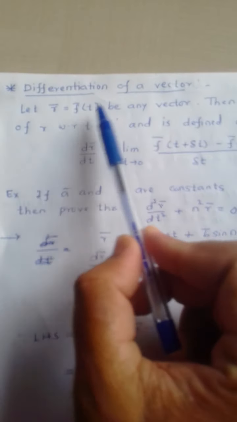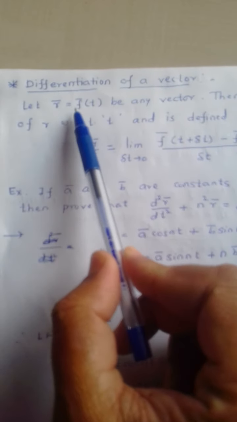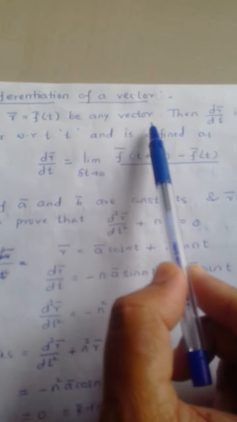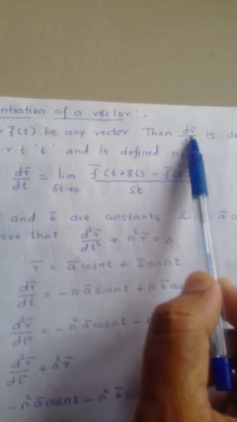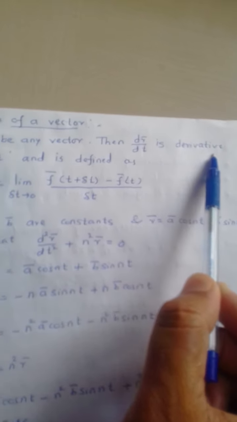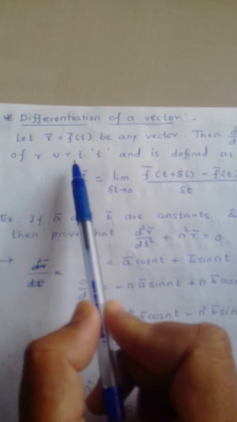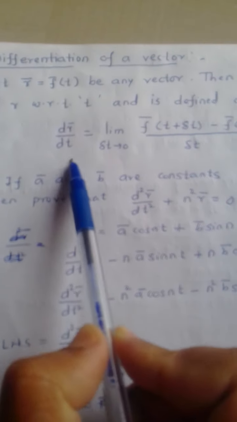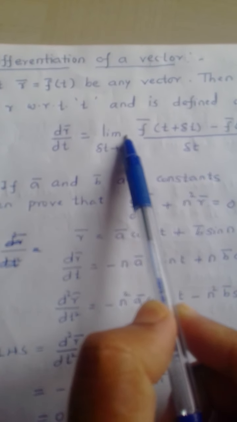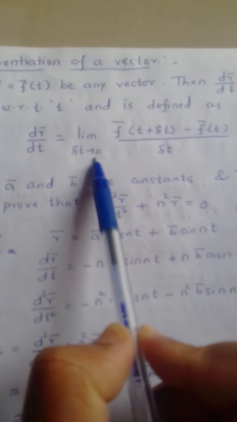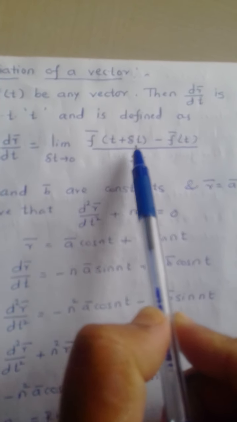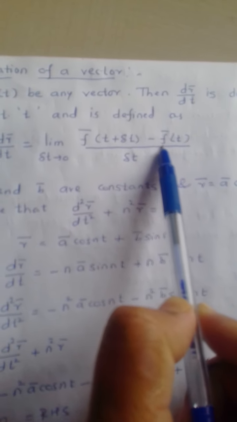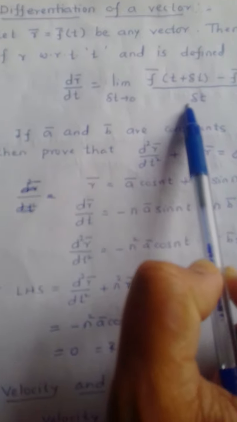Now we will see differentiation of a vector. Let r bar equals f bar of t be any vector, then dr bar by dt is the derivative of r with respect to t, and it is defined as dr bar by dt equals limit as delta t tends to 0 of f bar of t plus delta t minus f bar of t divided by delta t.